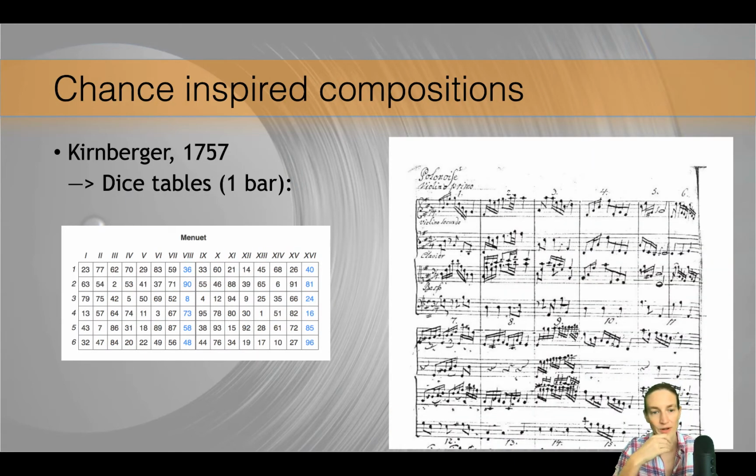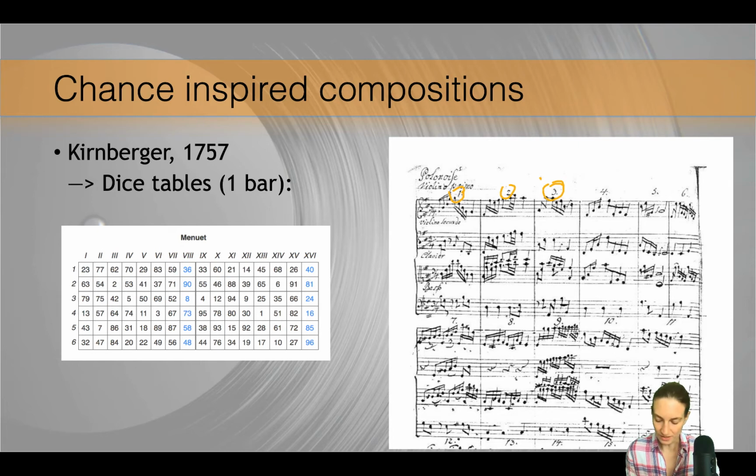How does it work? You basically roll the dice and then chance decides which bar you're going to play first. So first the composer supplies something like you see in the picture on the right. Each of the bars is labeled bar 1, 2, 3, and this is given by the composer. Then by rolling the dice, you actually select the order in which to play the bars.